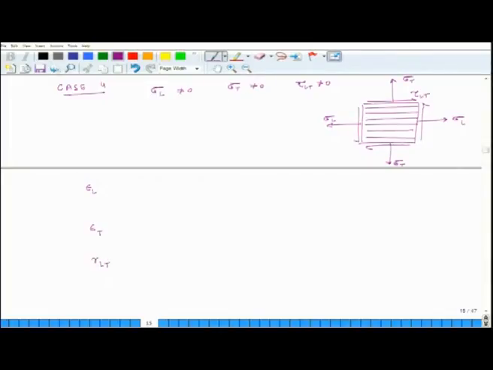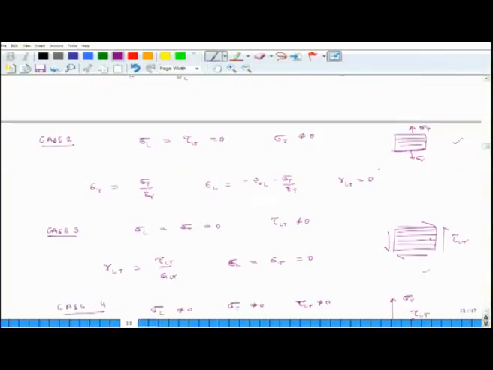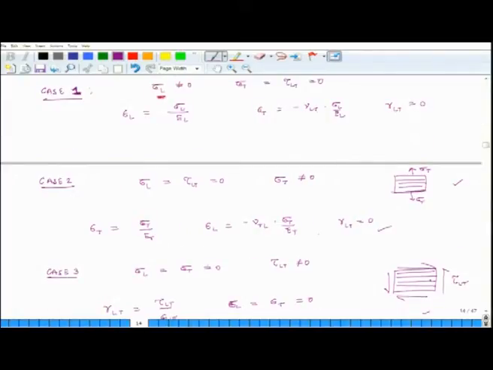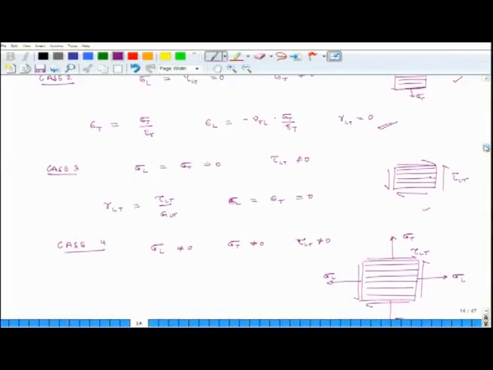Now, how do we do this? We already know that if there is pure stress in L direction, then these are the strains. If there is only stress in the transverse direction, then these are the strains, and if there is a pure shear stress, then these are the strains. And in the fourth case all the three stresses are present. So, we just use the principle of superposition and just add up all the values and we get the overall strains.